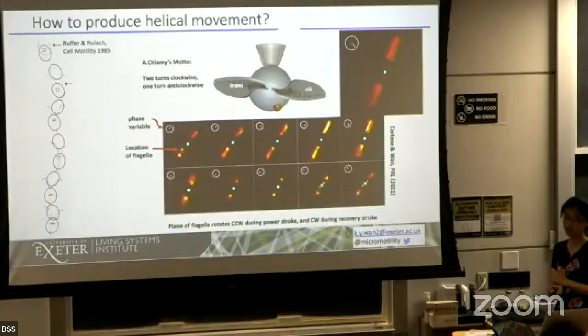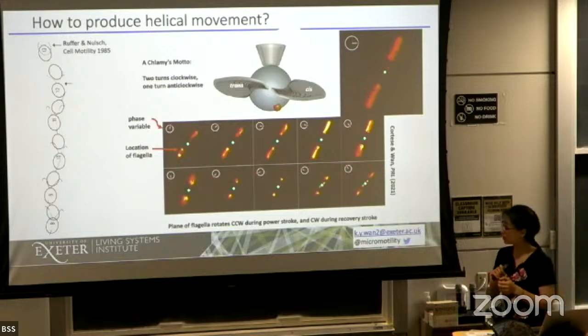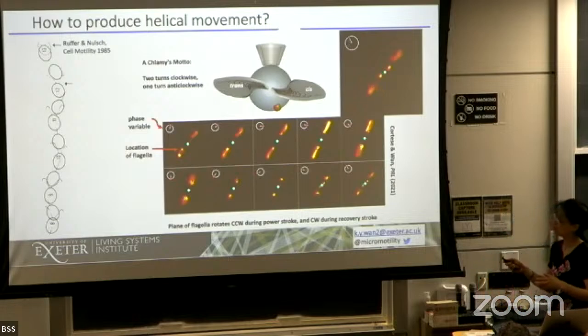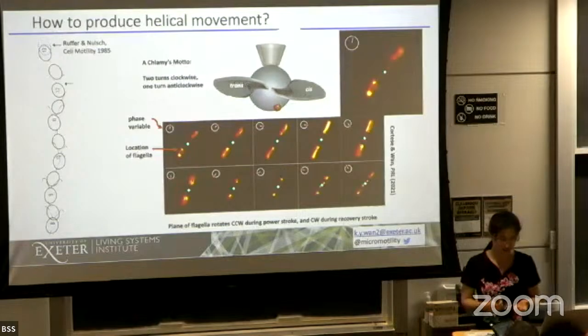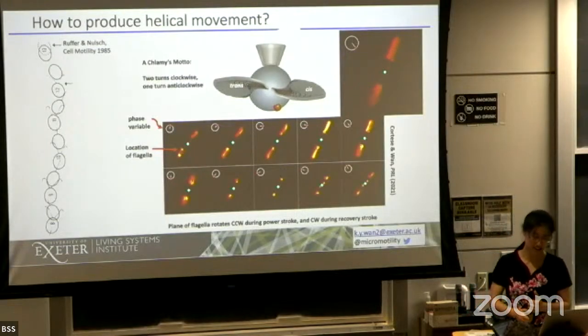It rotates in a periodic way: counterclockwise during the power stroke. So as the cell does its power stroke, the cilia are rotating counterclockwise, which means that if you were not applying this external force, the cell would spin clockwise to compensate. And during the recovery stroke, it's rotating clockwise, so the cell would then spin counterclockwise.